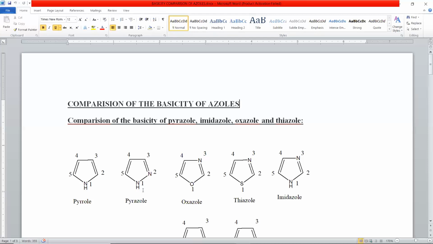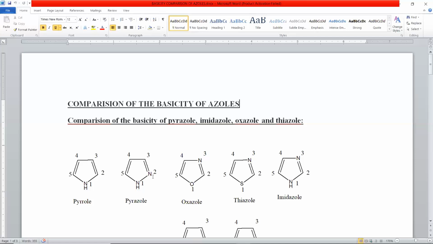So coming to pyrazole. Pyrazole contains two nitrogen atoms. These two are not the same, they are different. This nitrogen contains a lone pair of electrons in a p orbital, whereas this nitrogen contains a lone pair of electrons in an sp2 hybrid orbital.